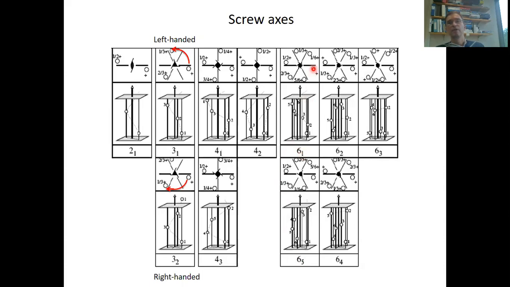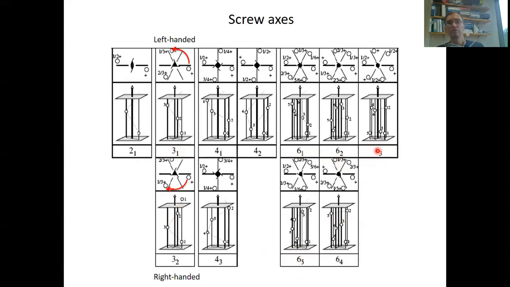Okay, and if we do this 6 times, then we will produce the identity. Now just like the 3-2 is the mirror image of the 3-1, the 6-5 is the mirror image of the 6-1, and the 6-2 is the mirror image of the 6-4. Okay, the 6-3 does not have a mirror image, it is its own mirror image. Right?